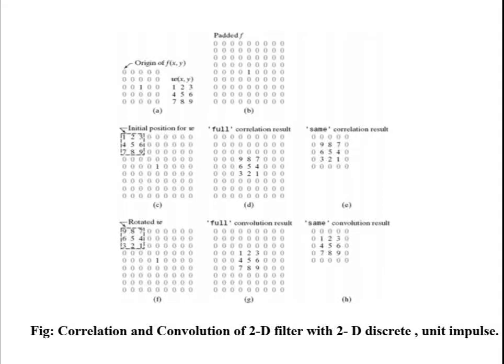The cross correlation function has a characteristic property that when it is applied on the discrete unit impulse, a 2D matrix of all zeros and just a single one, it yields a result that is a copy of the filter but rotated by 180 degrees. The convolution operation is very similar to the cross correlation operation, but has a slight difference. In the convolution operation, the kernel is first flipped by 180 degrees and then applied to the image.